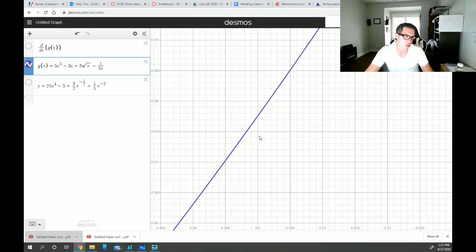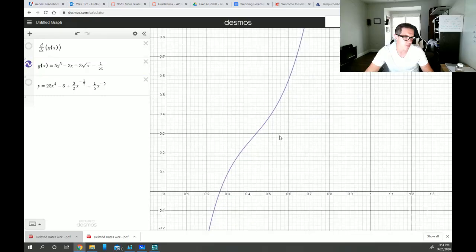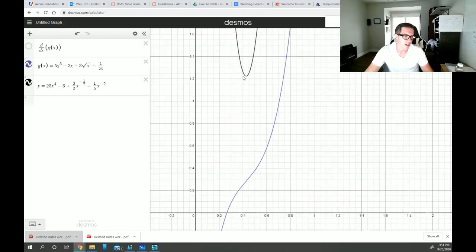It's looking like the slope is positive 1. So at 1/2, it looks like the slope is 1. Let's see if that's what the derivative graph is telling us. Yep. It's telling us it was a little bit more than 1. But I was within 0.2. Not too bad.